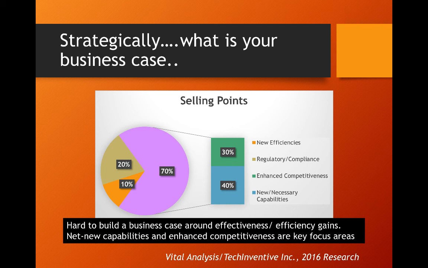What parts of your implementation are enhancing the competitiveness of the company? And what are the necessary capabilities? Research has shown that 40% of implementing a system is just necessary capabilities, and 30% really focuses on enhanced competitiveness.